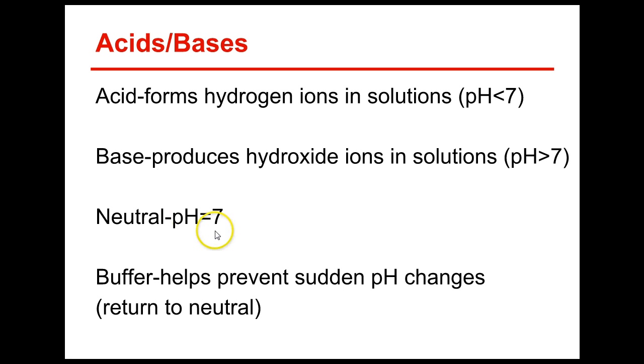So obviously living things don't want to have blood or milk or urine that burns. We want to be closer to 7. Now, a buffer is something that our body can create to help us prevent sudden changes in pH. So don't forget, you guys, that living things like to be near neutral if they can help it.